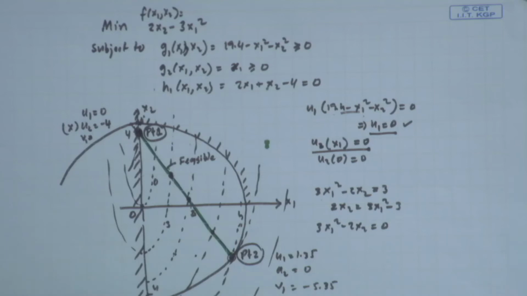Second point: substitute x1 equal to 3.4 and x2 equal to minus 2.8 and check again.